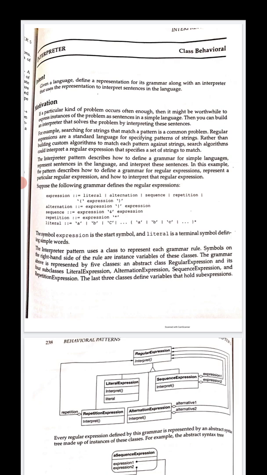It is the ability to define a language grammar. The real time example of an interpreter is Google Translator. If you want something translated, you go to the internet, Google Translator, and it gives languages like Telugu, Tamil, Hindi for translation. The interpreter shows how to evaluate the language grammar or expression.